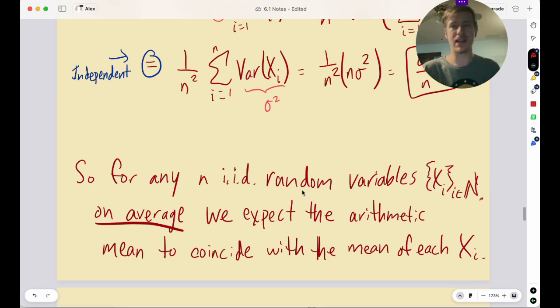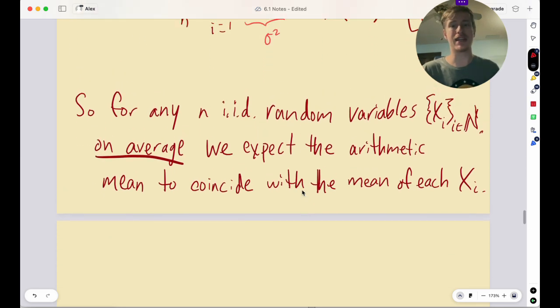Okay, but there's kind of a catch. The catch is that on average, the expected value means that you're essentially taking the average over infinitely many trials, over all possibilities. And we're saying that coincides with the theoretical probability. That's not really impressive.